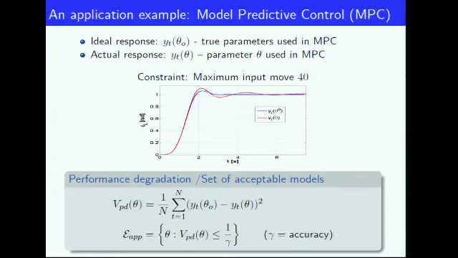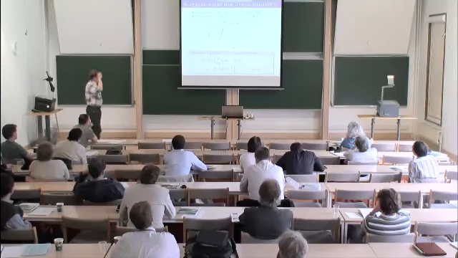So I end up with a set of acceptable models, being the set of model parameters such that the performance degradation is bounded by some value. And I will call gamma here the accuracy. You see, large gamma will mean a tight specification. So large accuracy would be a tight specification here.